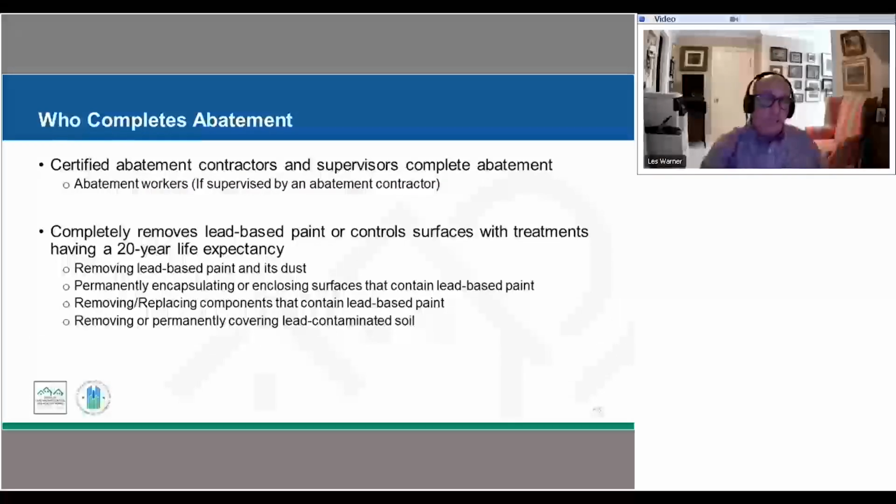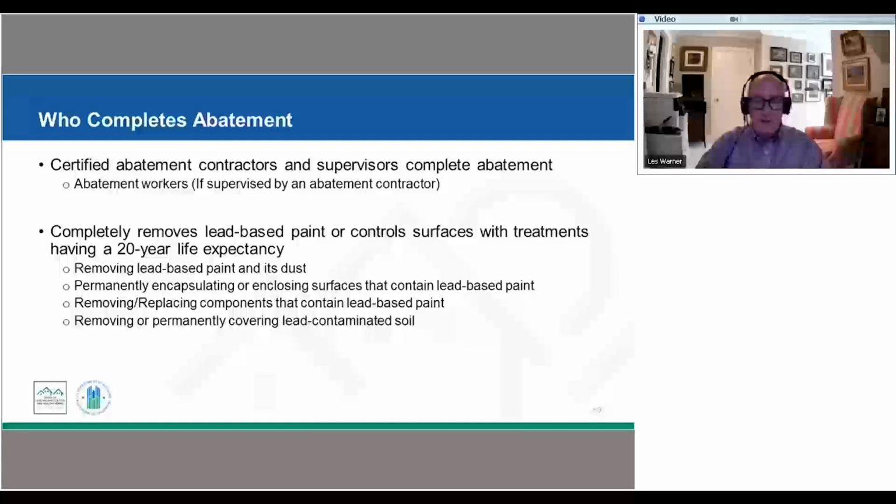So when we talk about abatement and who's going to complete the abatement, we need to make sure that we have certified contractors and supervisors in place. And they're going to be either completely removing lead-based paint, or they're going to put, when we talk about permanent control, something that would have at least a 20-year life expectancy. So, some kind of encapsulation or containment that has a long-term life expectancy.